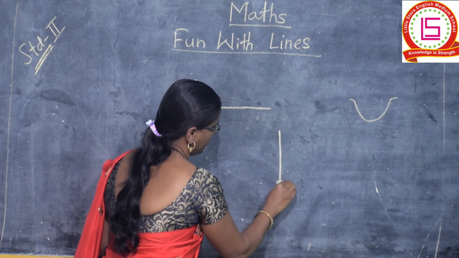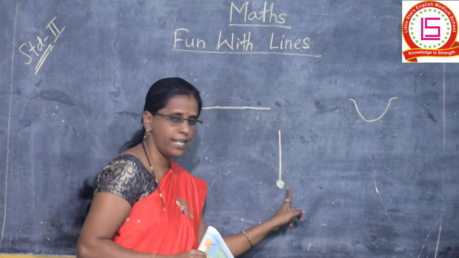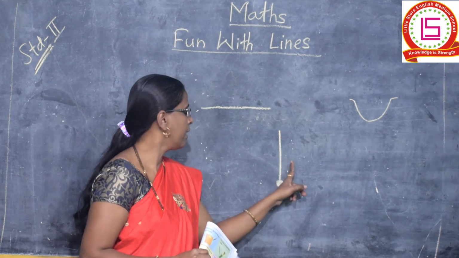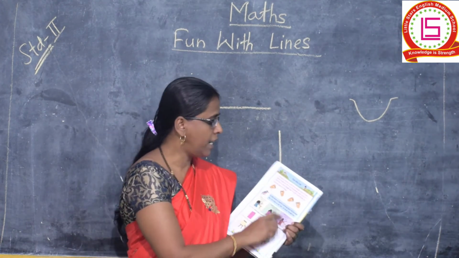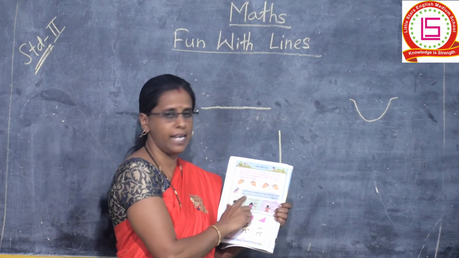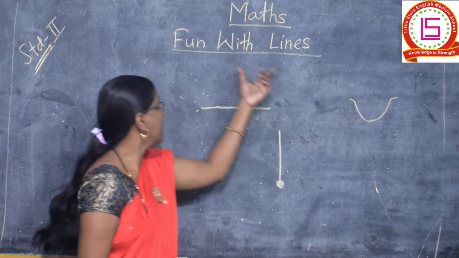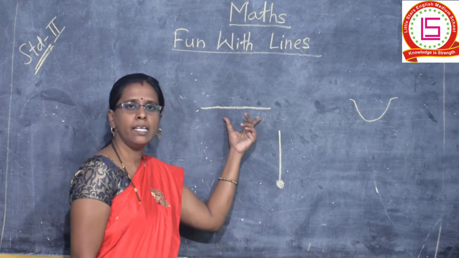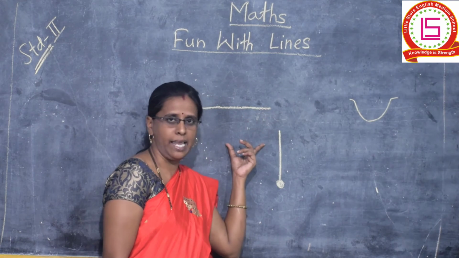When we tie the stone at one end of the thread, we get a straight line. In this book we shall be learning about straight lines. There are straight lines and curved lines, but in this lesson we learn only about straight lines.